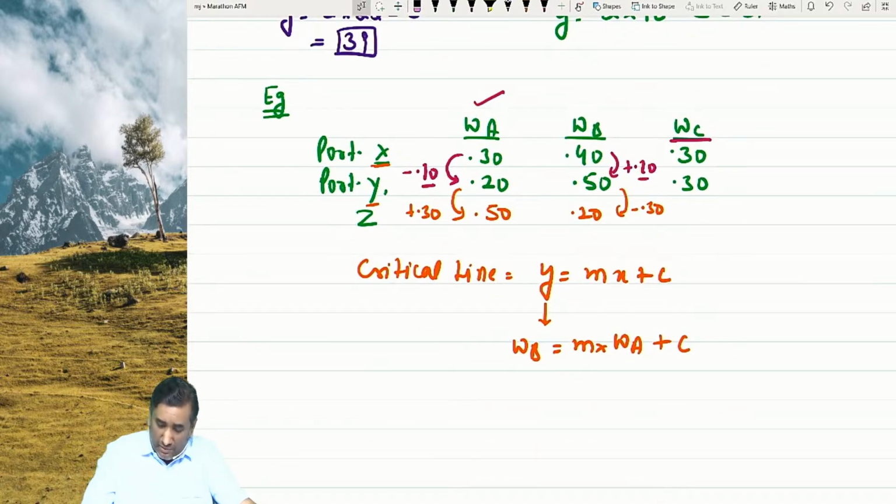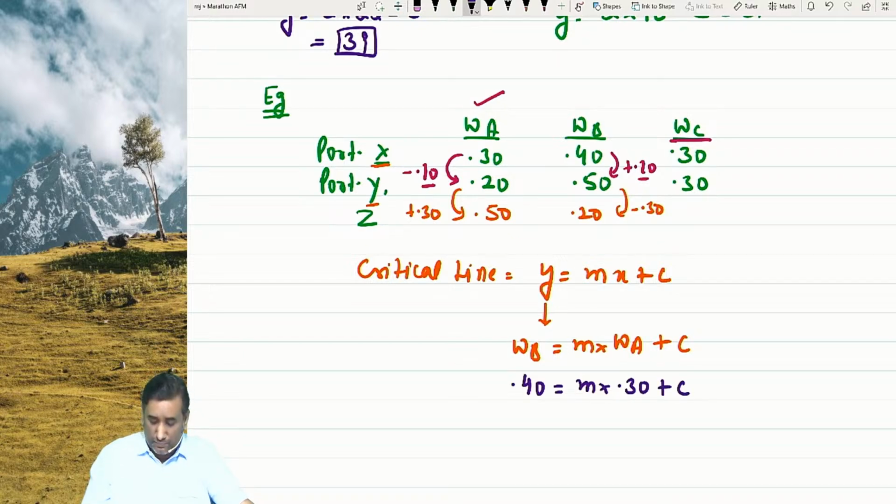Now let's put down the first point. 0.4, the equation will be what, sir? 0.4 would be equal to M into, what is the weight of A? 0.3. First equation, X portfolio. This is portfolio X. The second would be what? 0.5 would be equal to what? M into 0.20 plus C.